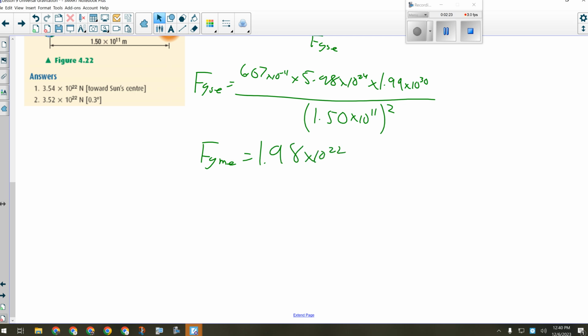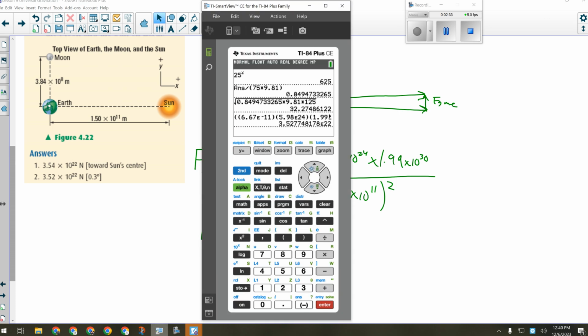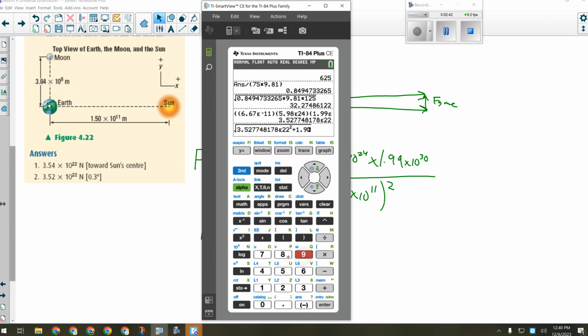So if I've got those two sides of the triangle, I need to find F net. It's the hypotenuse, so I take those two numbers and use the Pythagorean theorem. So the square root of that number squared plus 1.98 E20 squared.